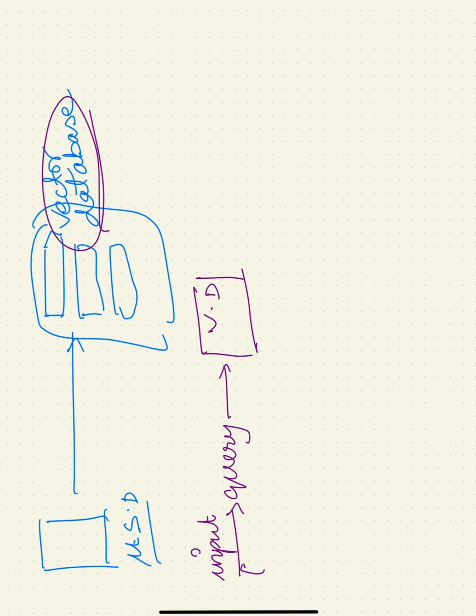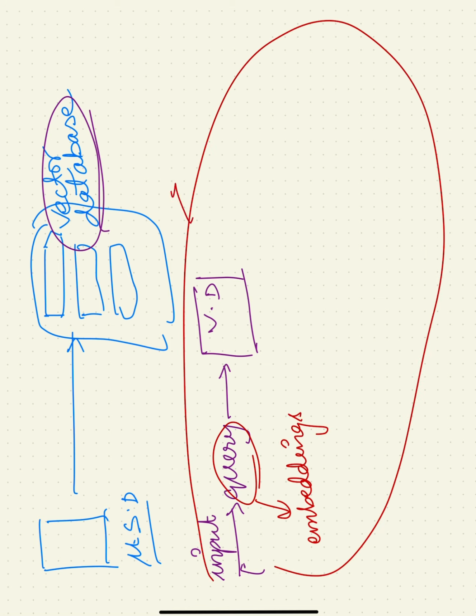And now here comes one more thing into the scenario: we convert our queries also into embeddings. This is called the retrieval pipeline. What we have to understand is that we are converting our query into embeddings.